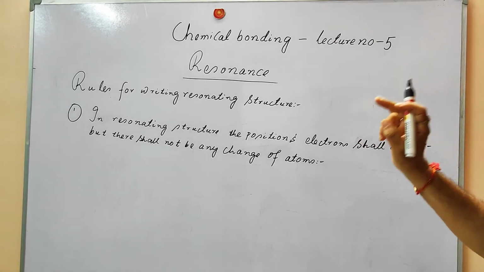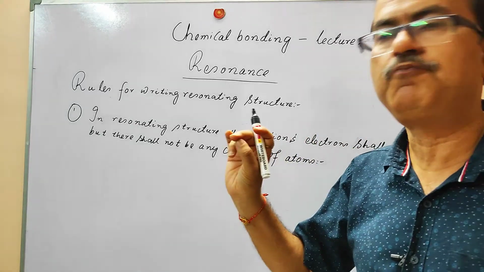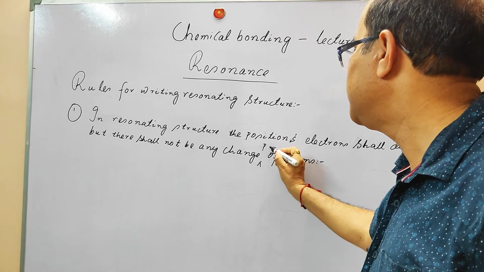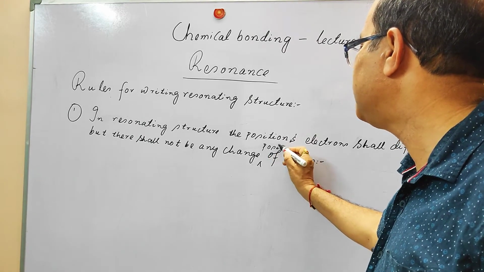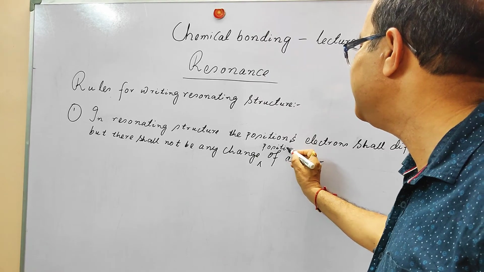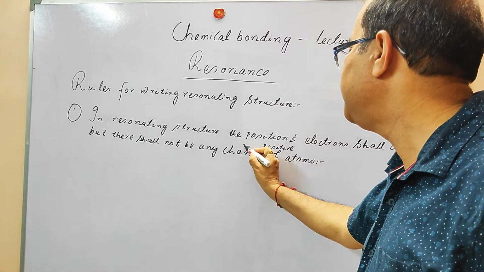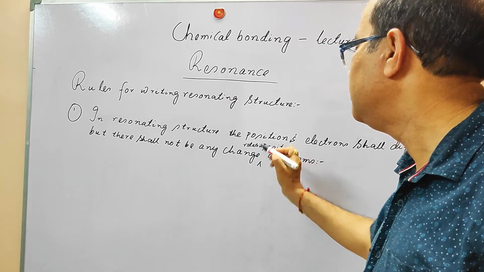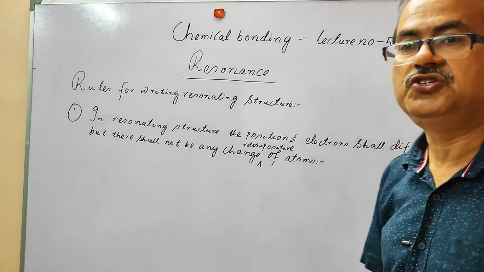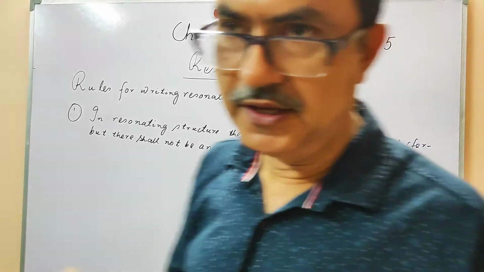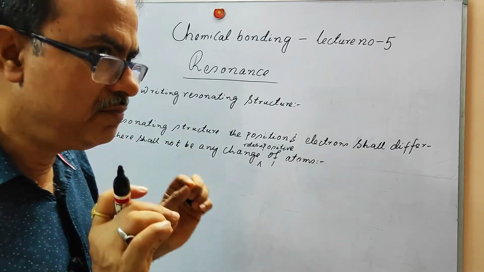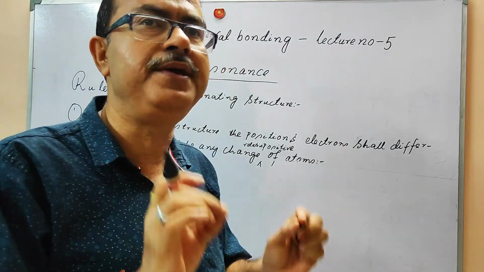But there shall not be any change in the relative position of the atoms. The relative position of the atoms cannot be changed. In each and every resonating structure, the position of the atoms in the molecule will be fixed.